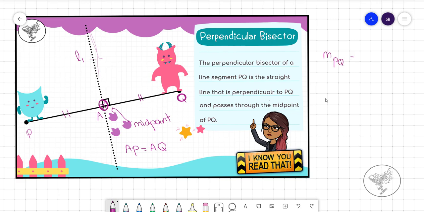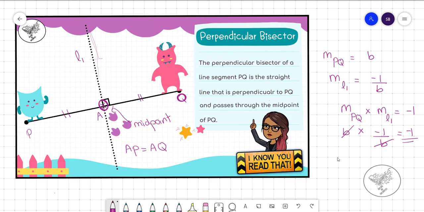If the gradient of PQ is B, then the gradient of L1 is equal to minus 1 over B. Because you all know that if the lines are perpendicular, then when we multiply the gradient of PQ into the gradient of L1, it should be equal to minus 1. So B into minus 1 over B, this and this get cancelled, therefore minus 1.